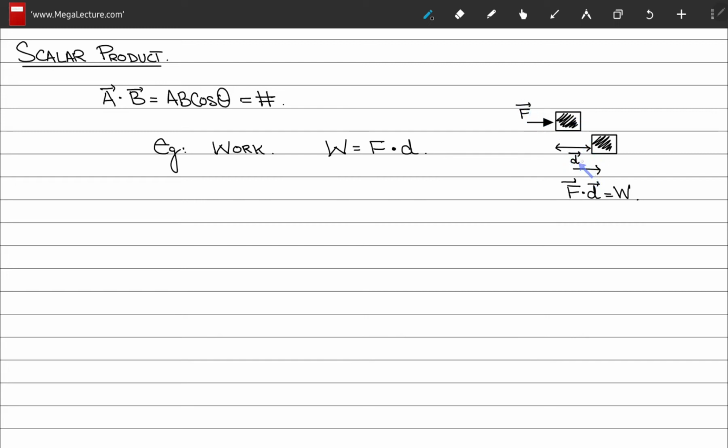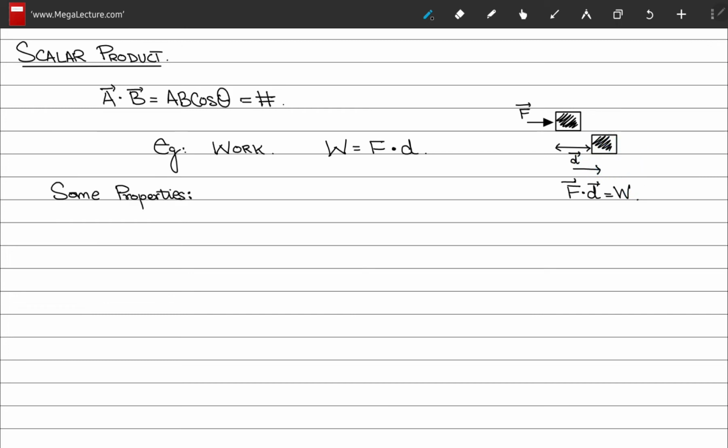This distance is a vector quantity, as the direction is to the right side, and so we take this force vector and this d vector, the distance vector, and we take the dot product of these two. It returns you a number, which is non-zero if the force and the distance d are pointing in the same direction, and it's called the work done in moving this block to the right a distance d.